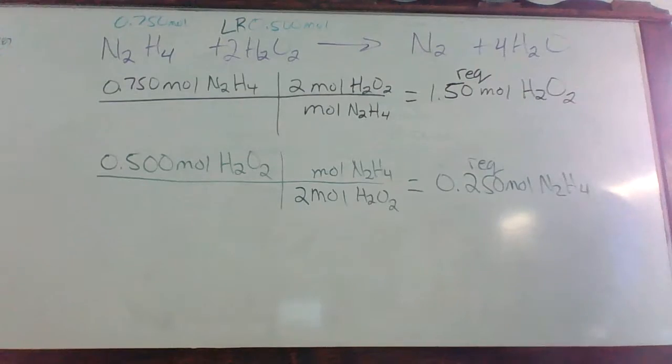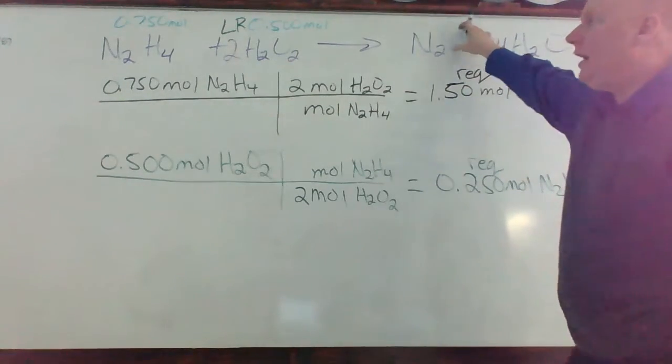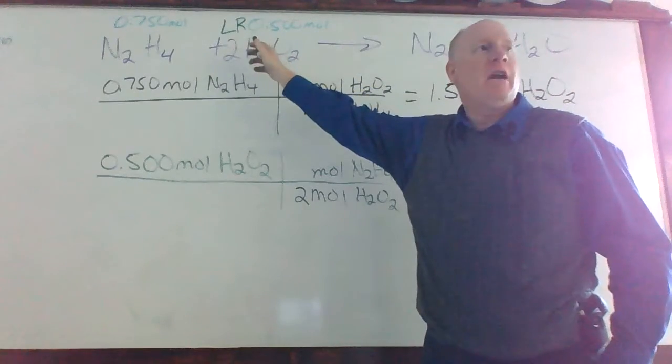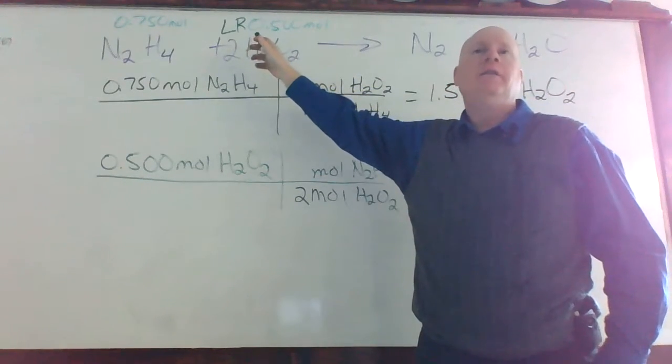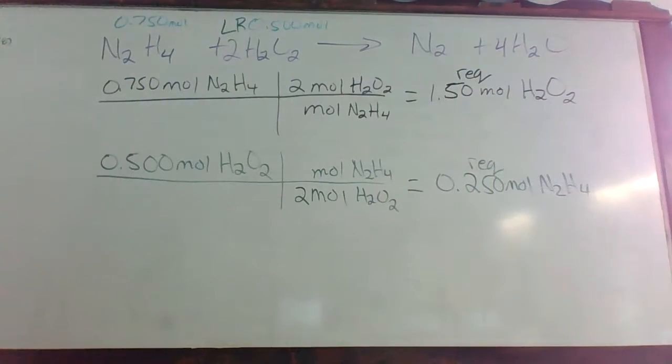So what that means is anything on this right-hand side has to be based off of what your limiting reactant was. Now, looking at this, I don't know if you can answer it, but what can be a very common mistake that students will make when they're trying to find how much of a substance is made on the right-hand side? How could they possibly start with a wrong number?